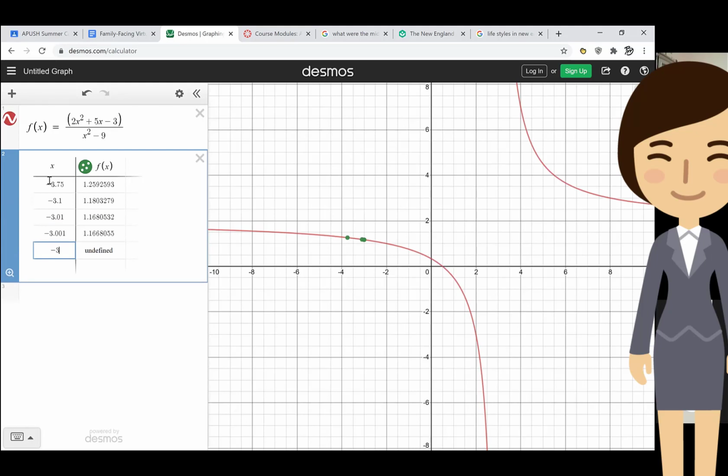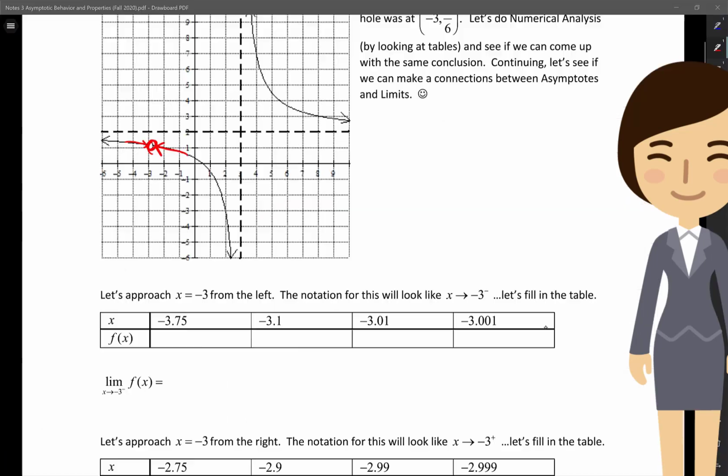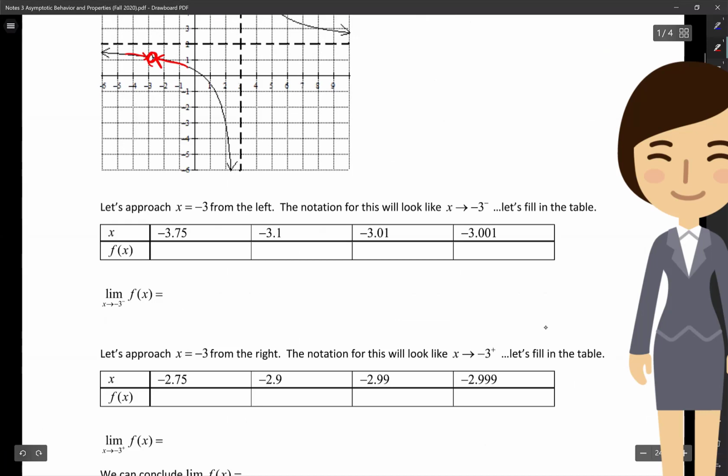So remember those numbers, guys? Write those numbers down on your table and then hook me up with them in a little bit when I go to my screen. All right, Mazuka, stay on desmos.com because in a little bit we're going to have you do it again. What was it at -3.75? 1.2592. And then at -3.1? 1.1803.